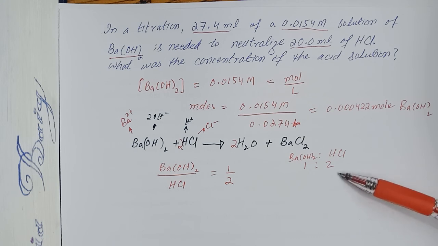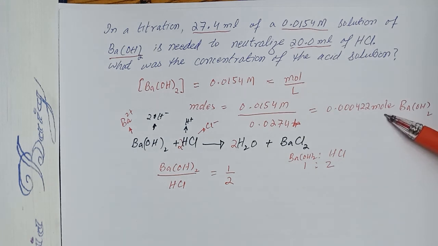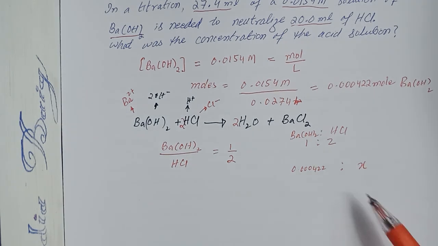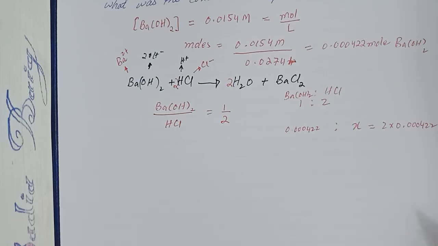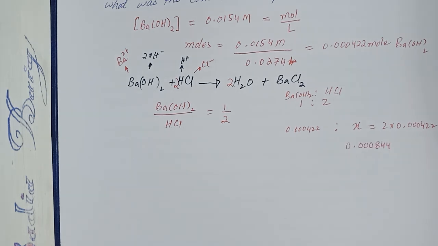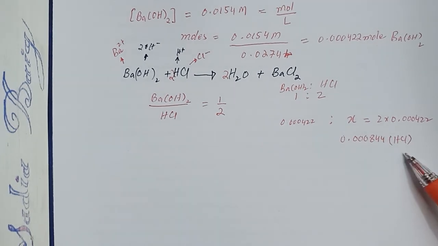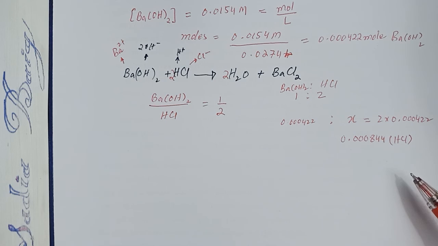And if we know the number of moles of barium hydroxide, that is given here, how many moles of HCl can we have? That means we can calculate the number of moles of HCl by multiplying with 2, and we get 0.000844 moles of HCl. So this number of moles of HCl we have at equivalence point.